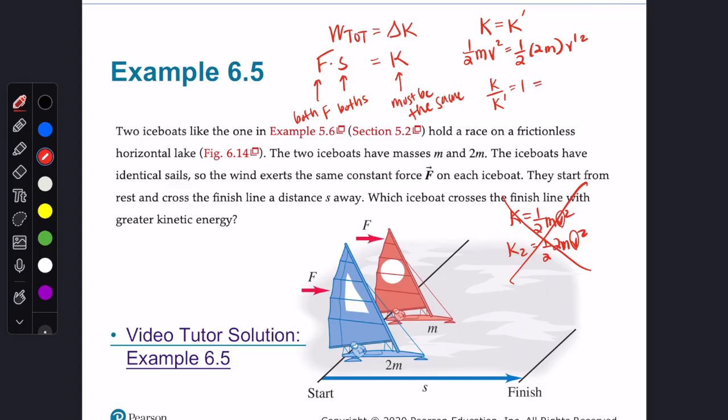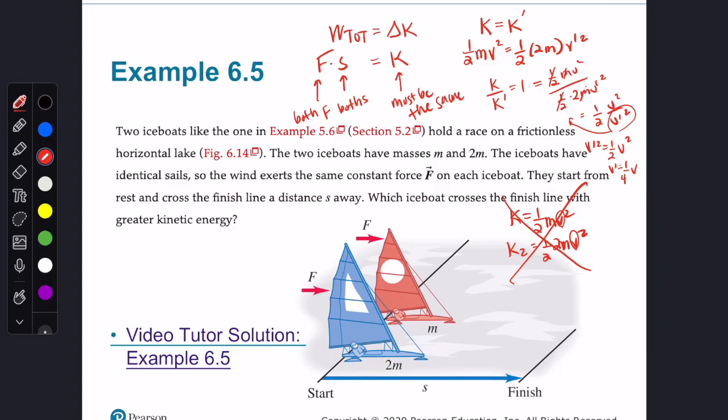Let's divide the other two. 1/2 mv squared over 1/2 times 2m v prime squared. The 1/2s go away, the m's go away, and I'm left with 1/2 v over v prime squared. So if I move this over to where the 1 is, I see that v prime squared equals 1/2 v squared. Square root both sides, v prime is equal to 1/4 of v.